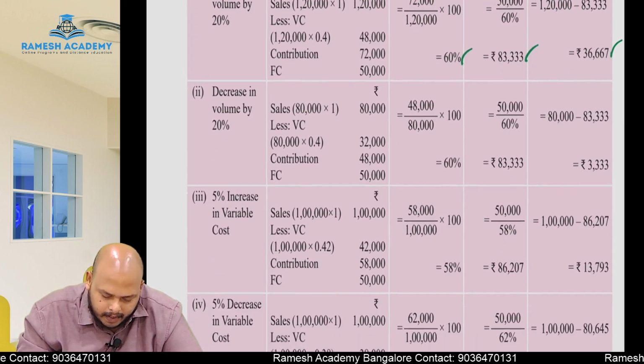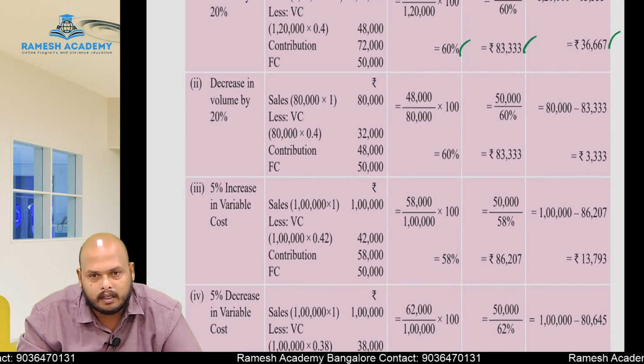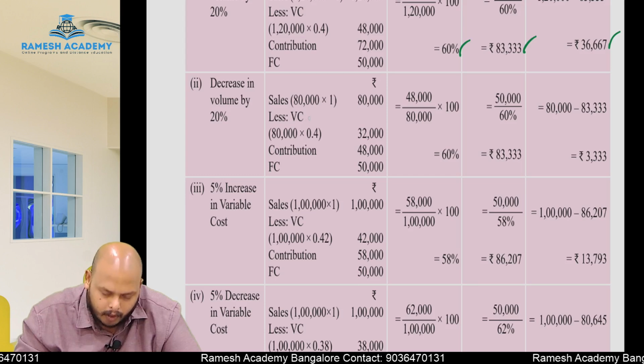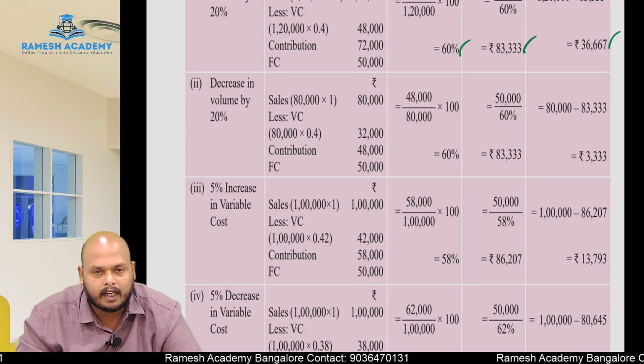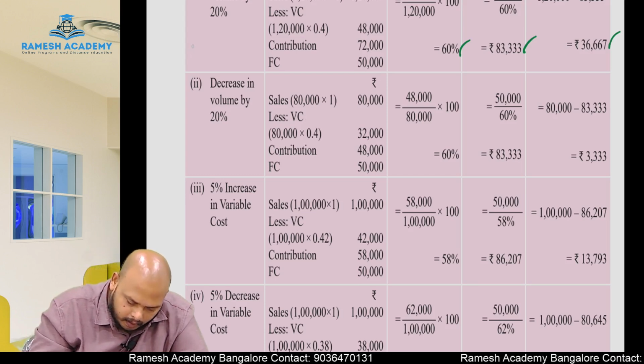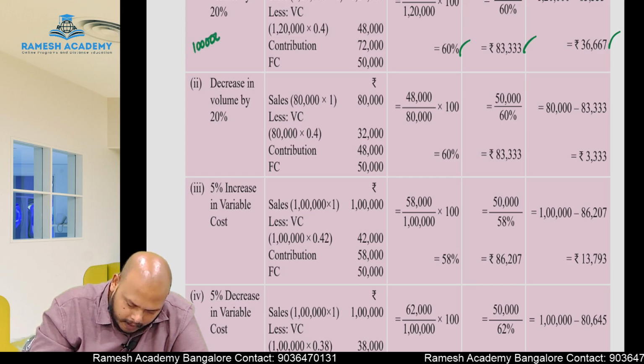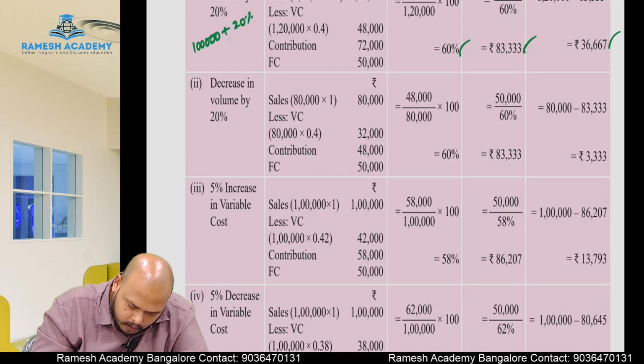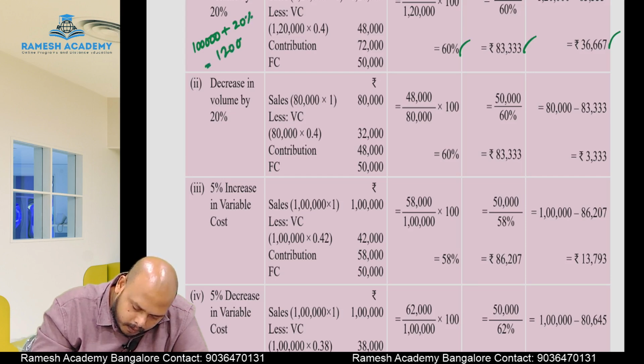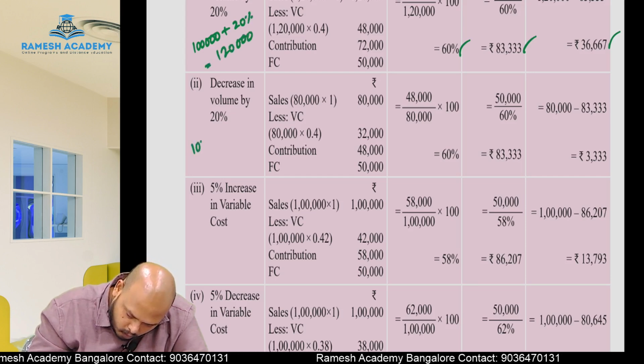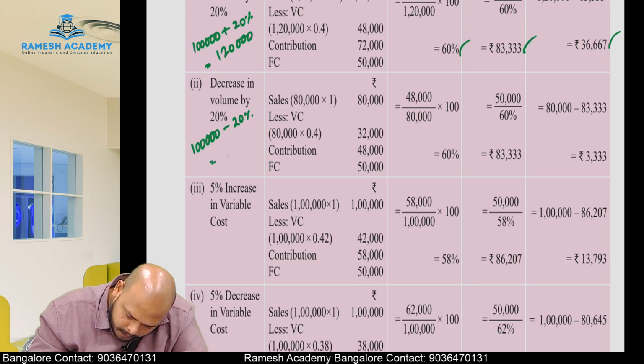Next, decrease in volume by 20%, still there is no effect. See here, how much is the base? 1 lakh minus 20%. Here, base is 1 lakh plus 20% they did, that is nothing but 1,20,000. Here 1 lakh minus 20%, that is nothing but 80,000.